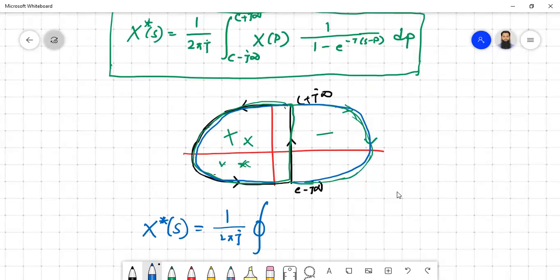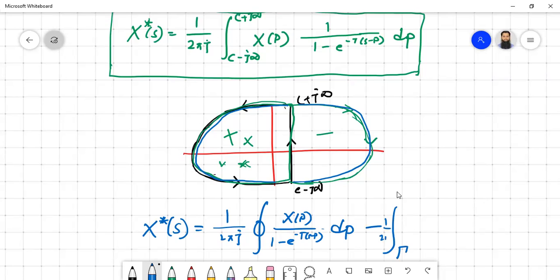So the bottom line is integration over a closed path of the same function, that is X(p) by 1 minus e to the power minus T(s minus p) dp. And from that, the added semicircle, represented by capital gamma, in the clockwise or anticlockwise direction, has to be subtracted.